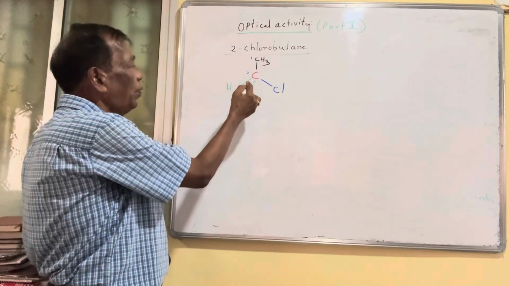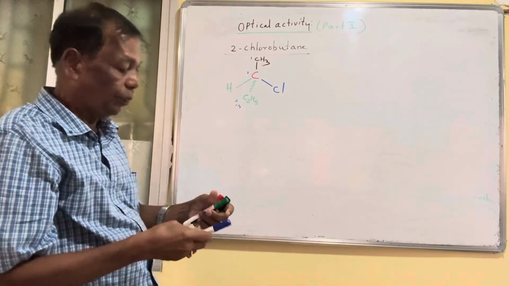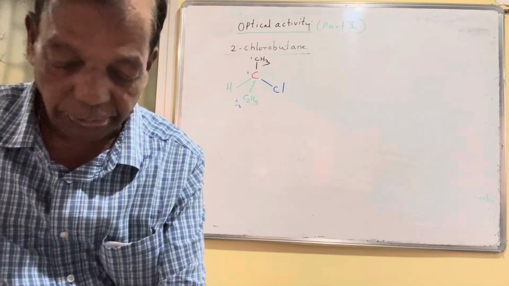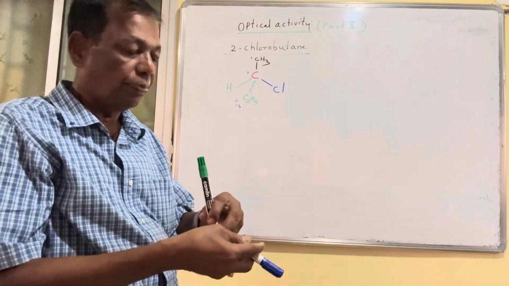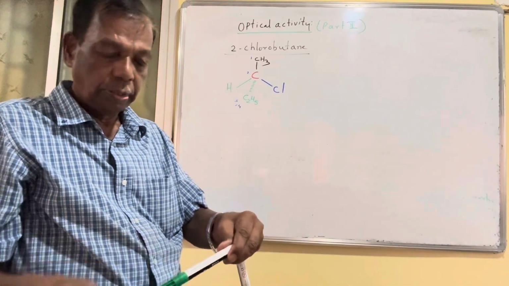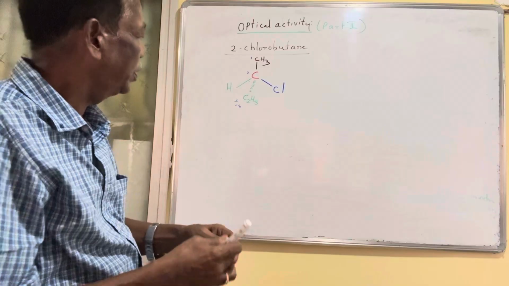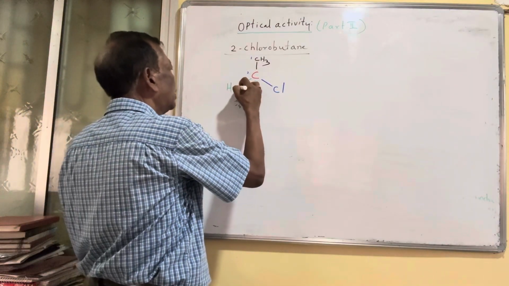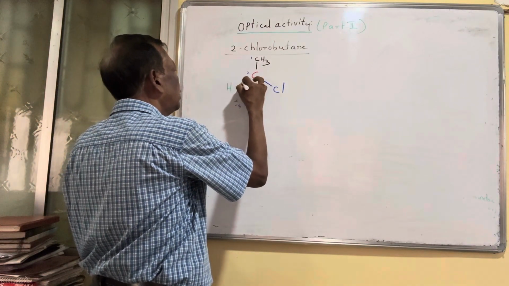Now here what I have shown is like this. Let me explain in the same manner. Suppose there's a carbon here. The one which is shown with the thick line, I will make this side a little bit thicker. Don't make it too thick.